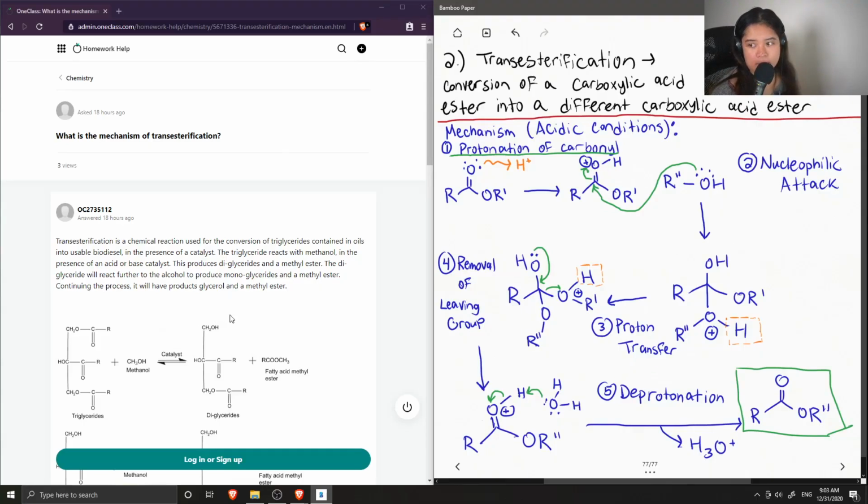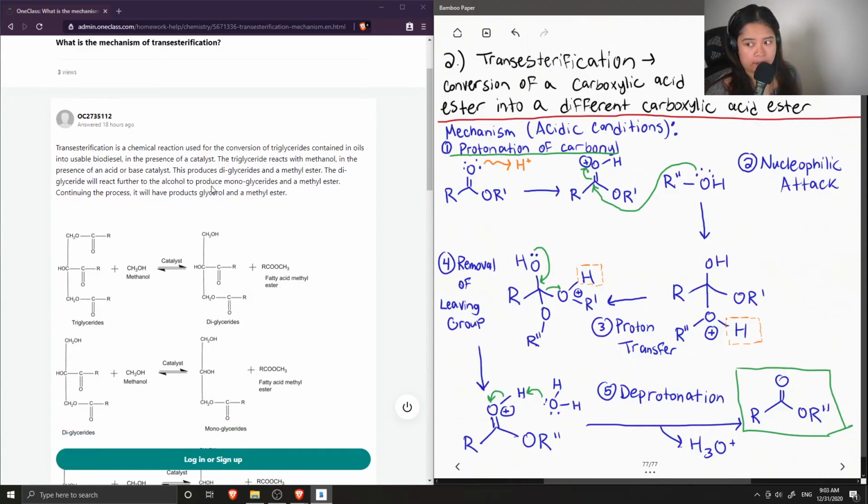Okay, so this is the basic mechanism, and this is taking place under acidic conditions. So it would be a little different in basic conditions, but you should end up with pretty much the same different carboxylic acid ester. So let's see what the junior tutor said.